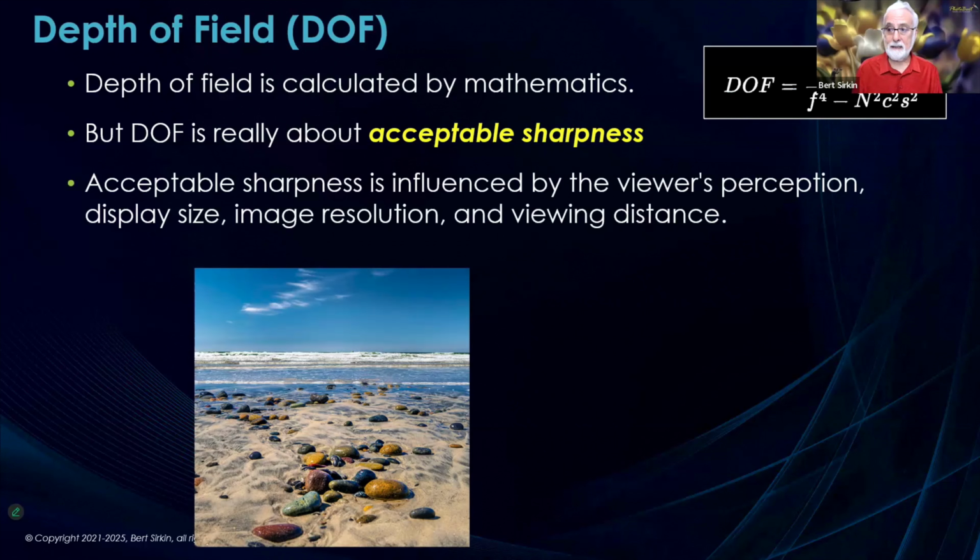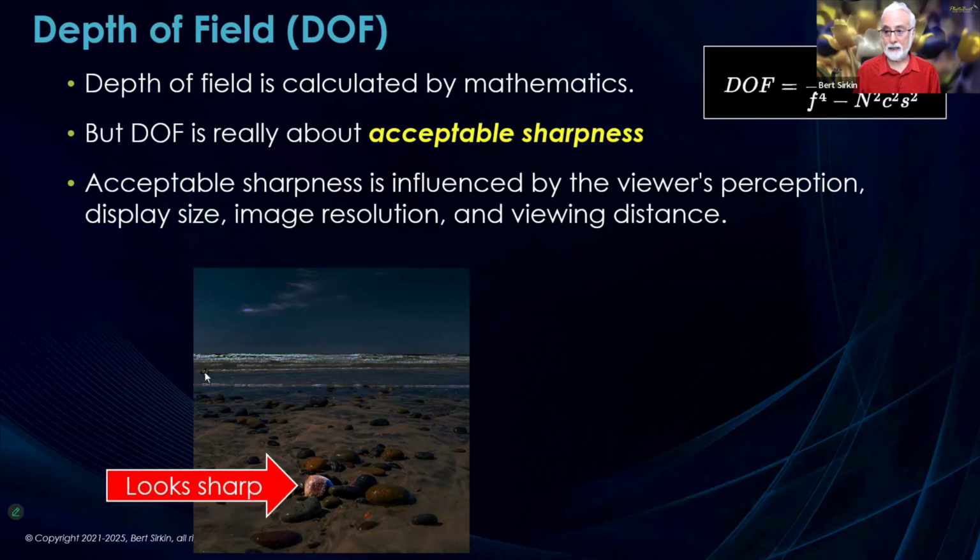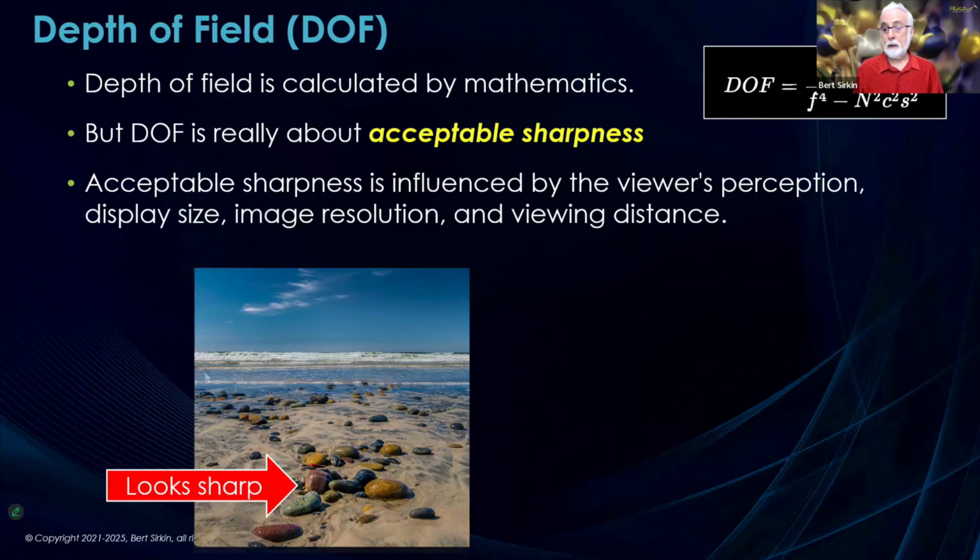So when we look at this image, pretty much everything looks sharp. If we look at this one red rock, that red rock definitely looks sharp. That one right there. Well, if we look at that, it looks sharp because, number one, the resolution is low, the display size is low, and the viewing distance, well, doesn't really matter because everything else is low.